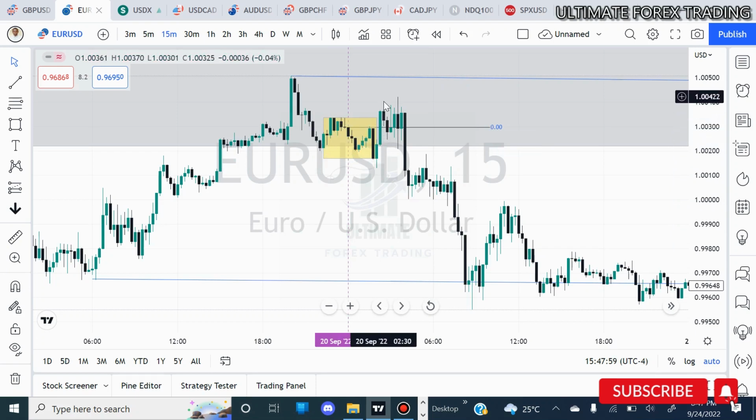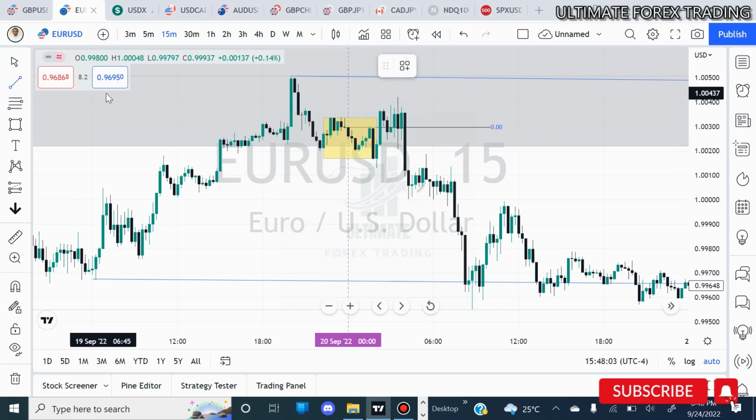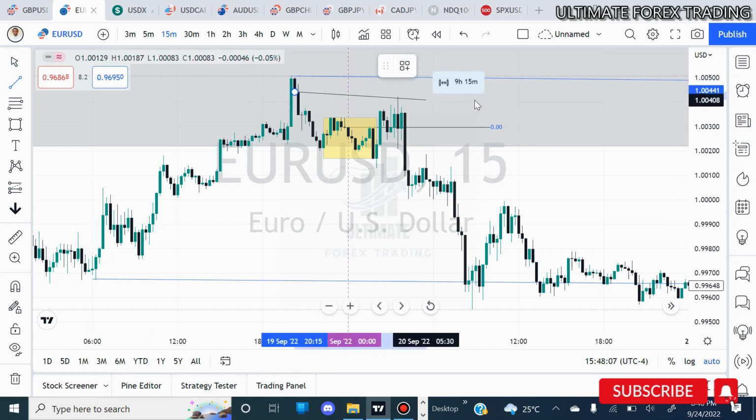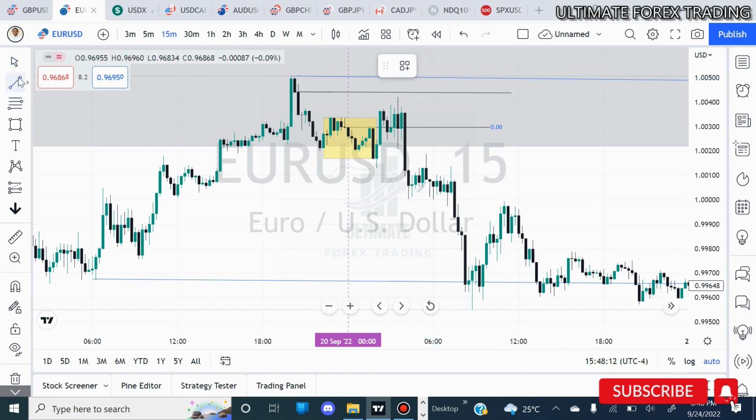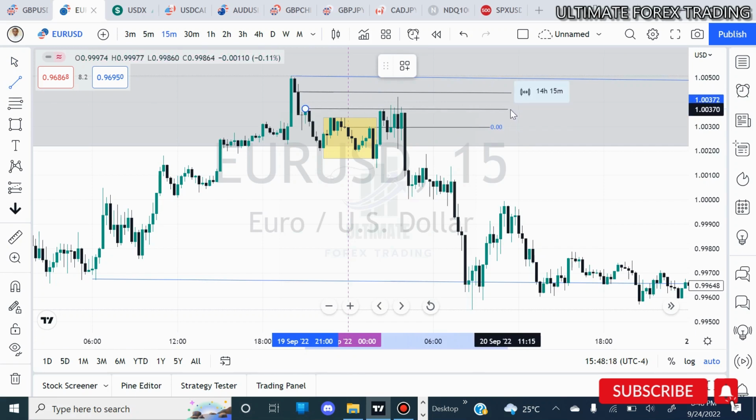Price gave a nice move here, and as you can see, as I've told you earlier, that you should take note of the opposing PDRA if you want to trade power tree concept. This is fair value gap above the midnight opening price.